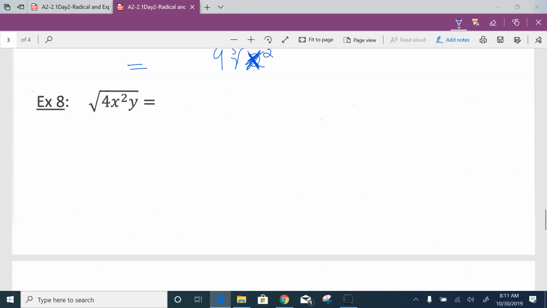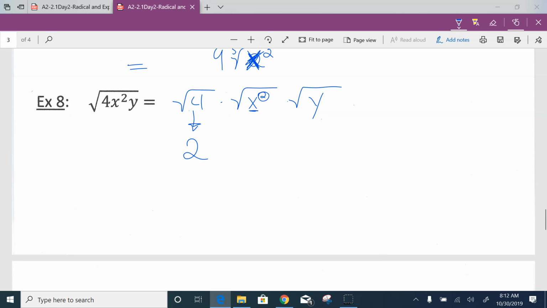So, square root of 4 times x squared times y. I'm going to go ahead and break these up into individual pieces like I was doing in my examples above. So I have the square root of 4 times the square root of x squared times the square root of y. Well, I know the square root of 4 is going to be 2. And then I ask myself, what number times itself will give me x squared?